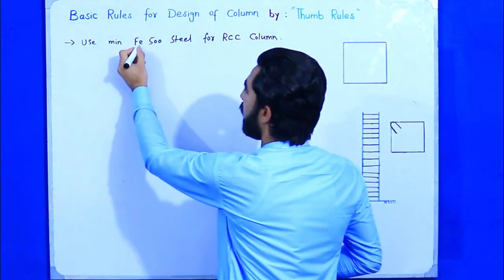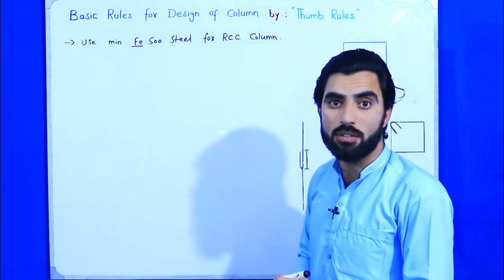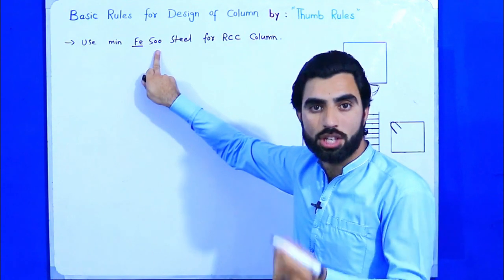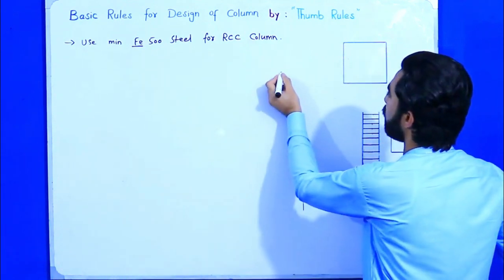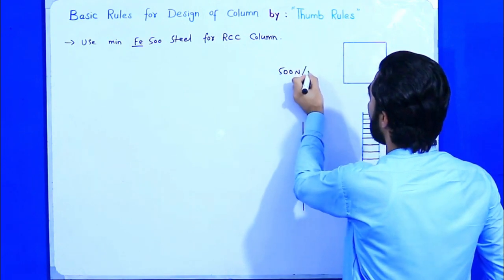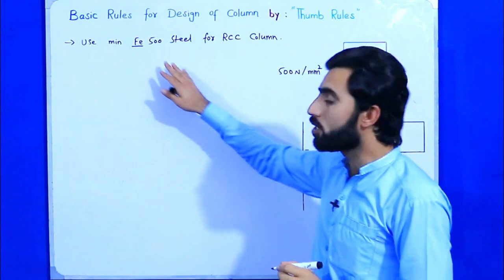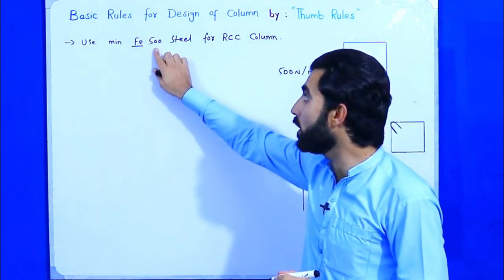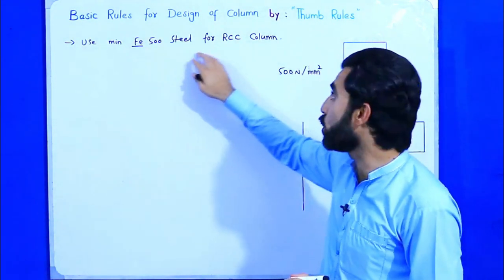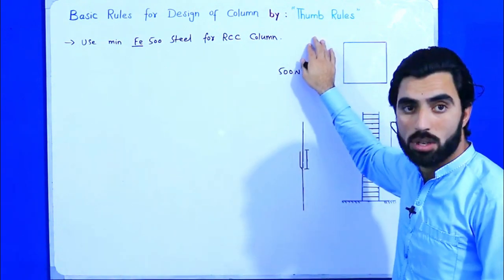Because Fe is the yield stress or yield strength of steel in Newton per mm square. So it means 500 Newton per mm square. This is the tensile strength of steel. So the steel strength should be 500. Fe 500 steel should be used in RCC column. This is by thumb rule, right?